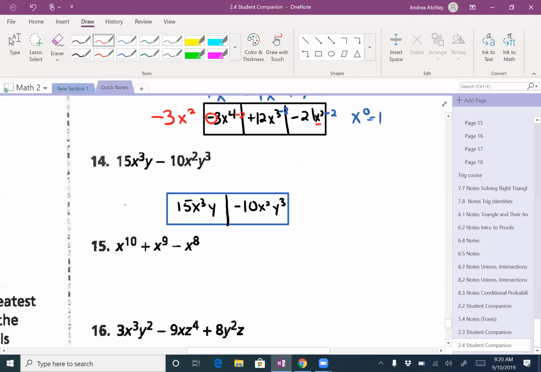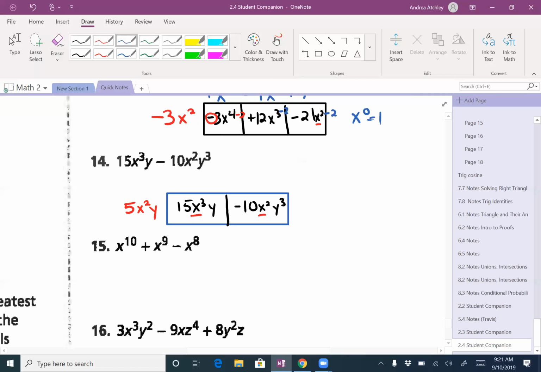They can both be divided by 5. But look at the x's. What is the smallest exponent for x? X squared, so you pull out an x squared. What is the smallest exponent for y? Y to the first, so you pull out just y. So your GCF should be 5x squared y. Any questions over that?